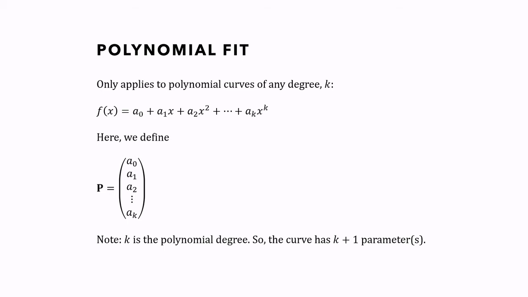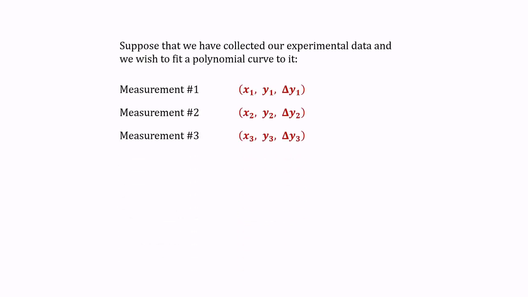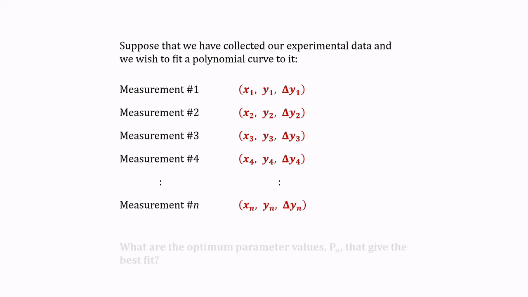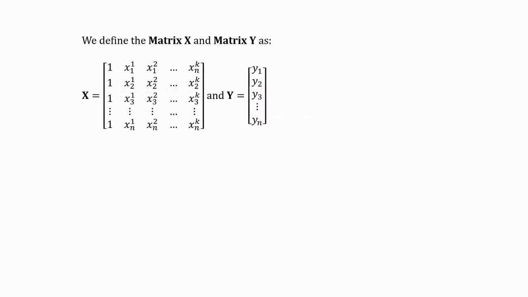Suppose that we have collected our experimental data and we wish to fit a polynomial curve to the data. So now, our objective is to find the optimum parameter values, P0, that give the best fit with the lowest chi-squared value. To begin, we define two matrices X and Y as follows.